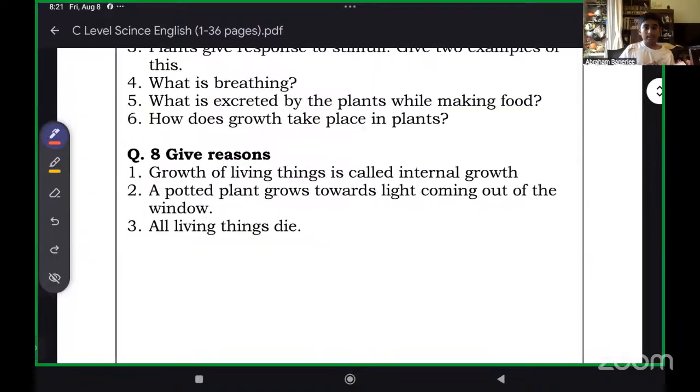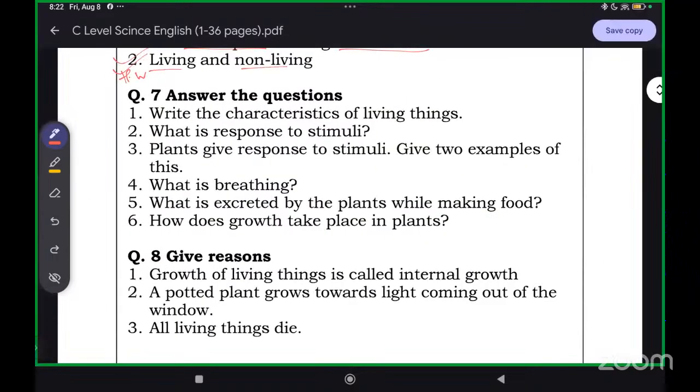Also, Abraham, check out the seventh and eighth questions too. Question seven and question eight. If there is any question that you're not understanding, then let me know and I'll explain.